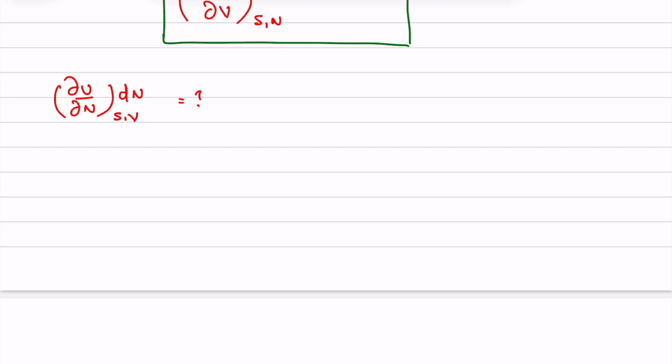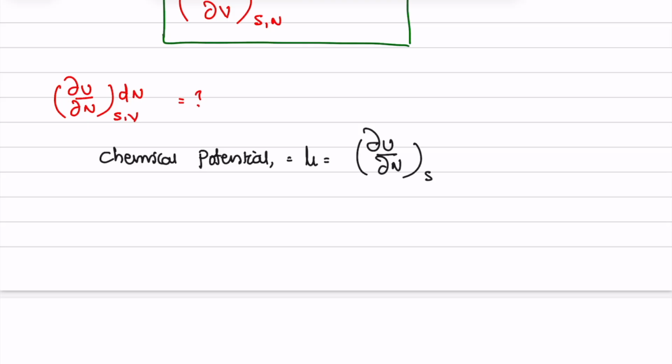When entropy is constant and volume is constant, from the definition of the chemical potential, mu is equal to ∂U/∂N at S and V. From definition it is so.